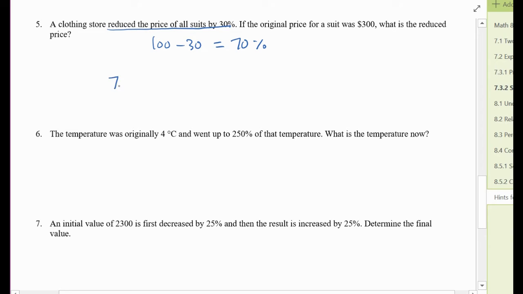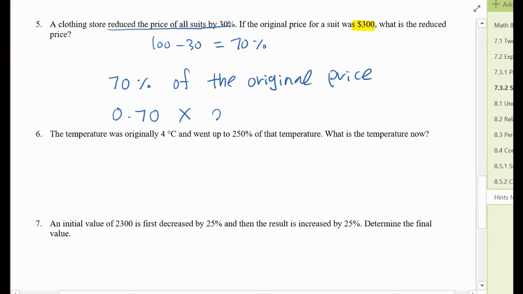Okay, so what we're going to find is the reduced price is 70% of the original price. 70% is 0.70, of is multiplication. And what's the original price?